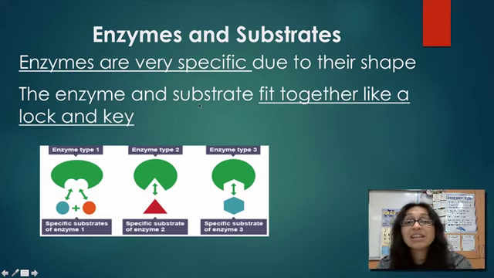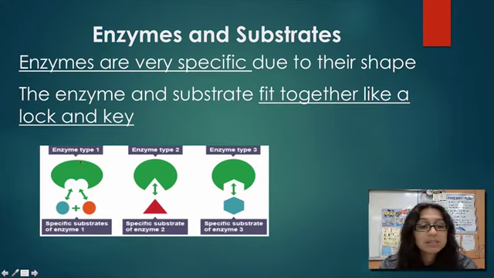So there's the lock and key model that we see here. So here's this enzyme. It'll only work with these substrates. You can't take this substrate and use it here, or this one and use it here. This enzyme will only use this substrate, won't use the other ones, and so on. So we say enzymes are very specific and will only bind certain substrates.